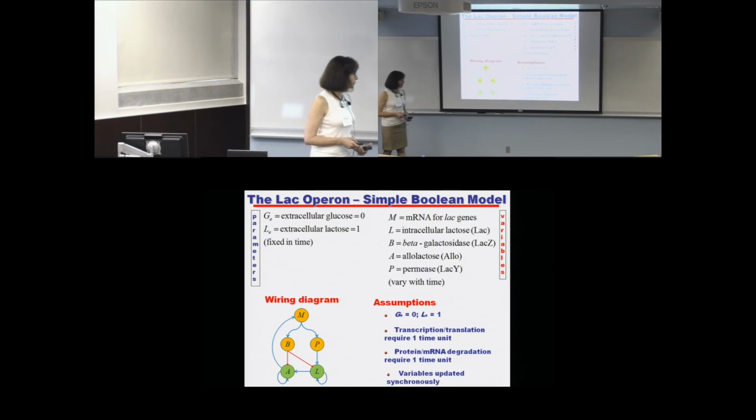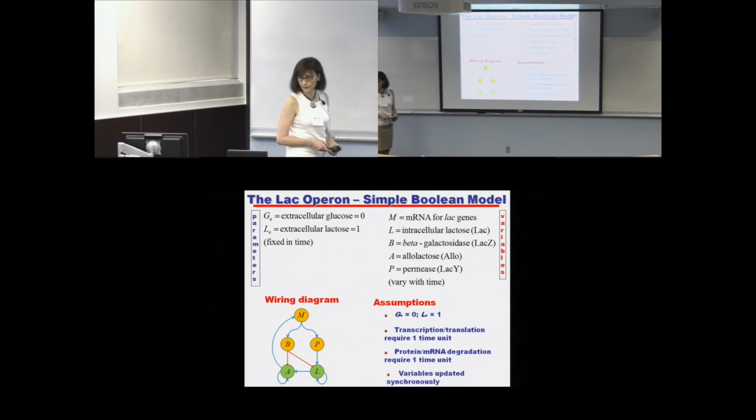Degradation of the proteins and messenger RNA will also happen in one time step. This is not true for lactose and allolactose, so those are different. If I have lactose on this time step and I do not bring more from outside, lactose may still be available on the next time step. So it doesn't really go away at each time step. And everything that I'm going to say here refers to synchronous update.